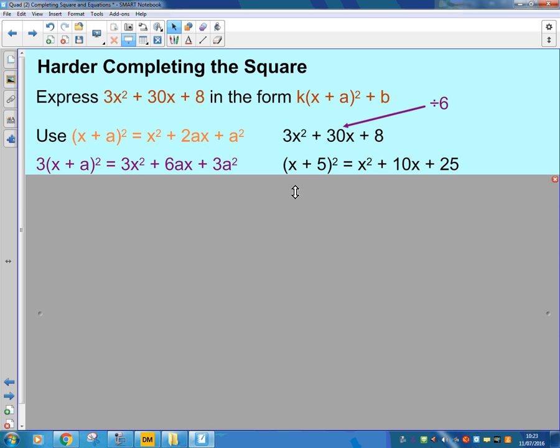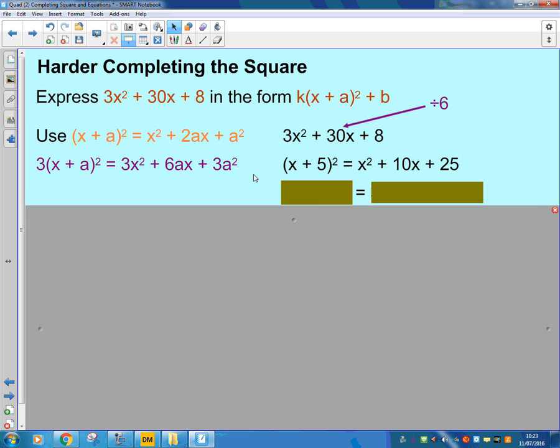Okay, now when I multiply that by 3 to get 3 lots of it, I get 3x squared plus 30x plus 75. And notice, I've got the 3x squared, I've got the 30x. If I'd only divided by 2 here and got 15, I wouldn't have got 30x, I'd have got 90x at the end, it would be too many.